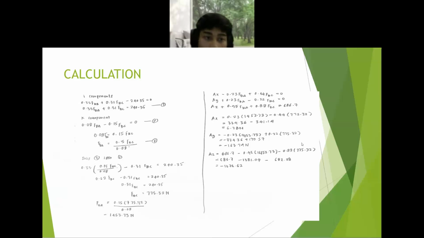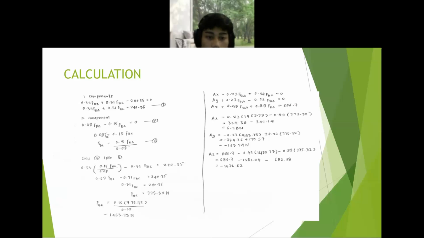After that, we need to find the i component and k component. The first equation we get is 0.33 FBA plus 0.31 FBC equals 240.35. The second equation is 0.08 FBA minus 0.15 FBC equals 0.